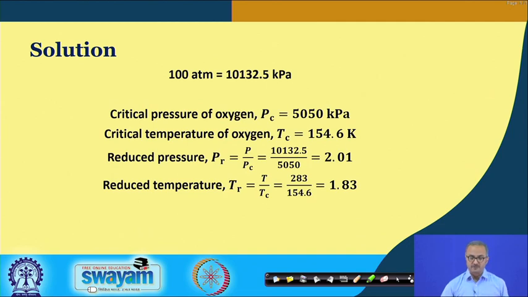To find out the value of Z, we need the value of the reduced pressure and reduced temperature, and to find these, we need the critical pressure and critical temperature. So here you see that we calculate the reduced pressure and the reduced temperature by taking the ratio of the actual pressure and the critical pressure, and the actual temperature and the critical temperature, and these are the two values we arrive at.